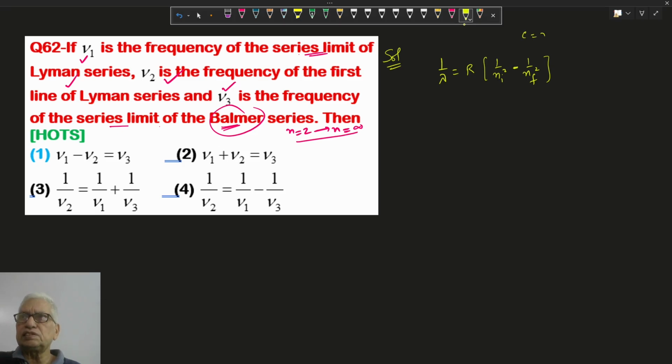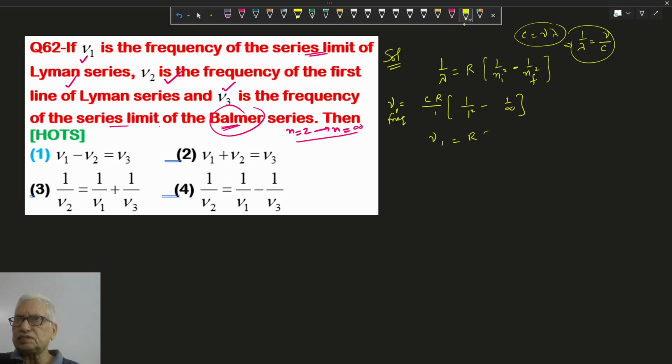Now we know c is equal to nu lambda, or 1 by lambda equal to nu by c, and nu will be c upon lambda. If we multiply by c, this is the frequency, c upon lambda, so nu equals CR times the bracket. For the first, frequency 1 for the Lyman series and series limit, 1 upon infinite is zero, so this is the frequency 1 equal to RC times 1.